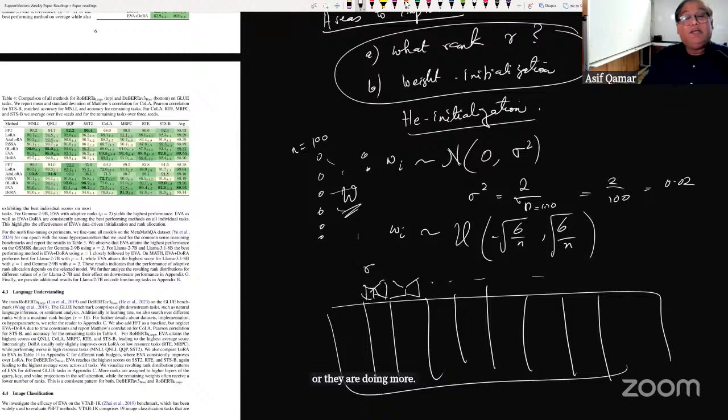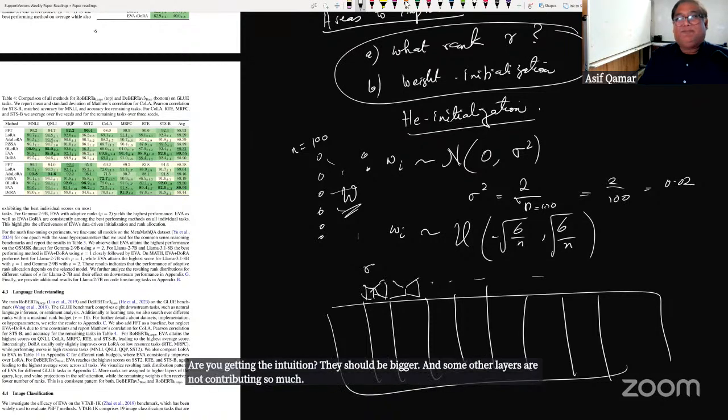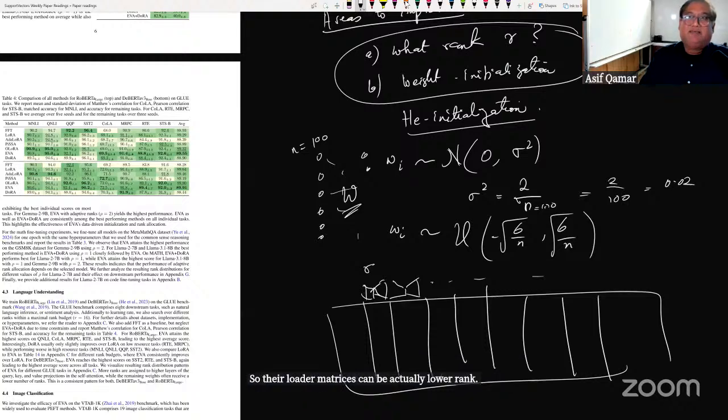So in the fine-tuning process, even the LoRA matrices should be bigger. Are you getting the intuition? They should be bigger. And some other layers are not contributing so much, so their LoRA matrices can actually be lower rank. They can have fewer parameters. So the rank itself should be a dynamic thing. And so that is one strategy.